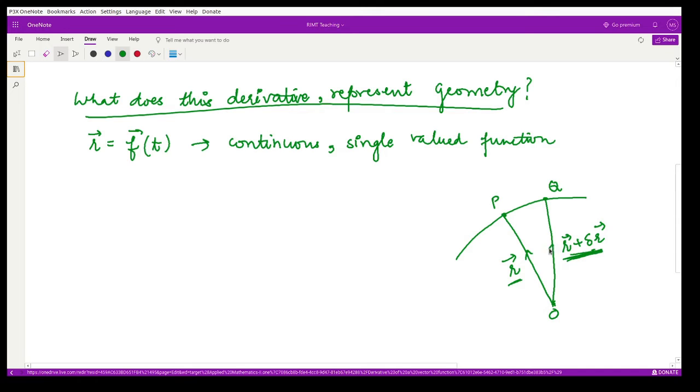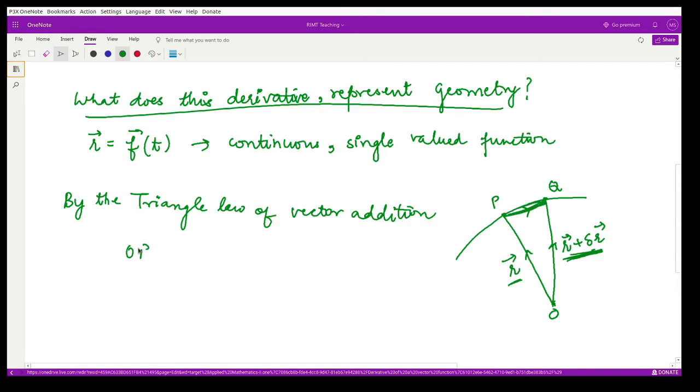According to the triangle law, which you have studied in previous classes, if you join these two points through a straight line, because this is an arc, with its direction like this, then by the triangle law of vector addition, the vector OP plus the vector PQ is equal to the vector OQ.